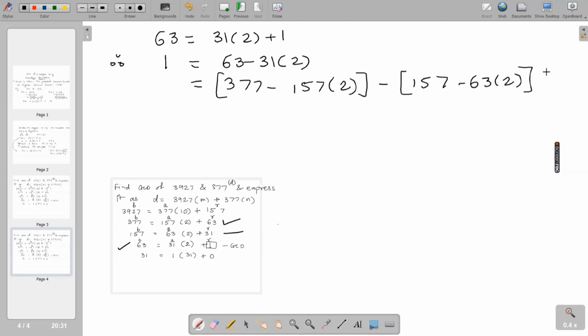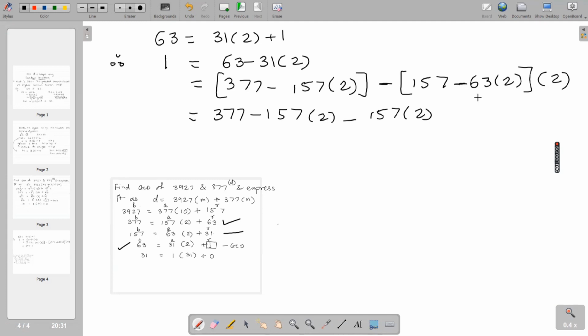And this whole thing into 2, again, we have to write. So let us simplify it. So 377 minus 157 into 2 minus, now this is 157 into 2 again. And this minus will become plus 63 into 4.